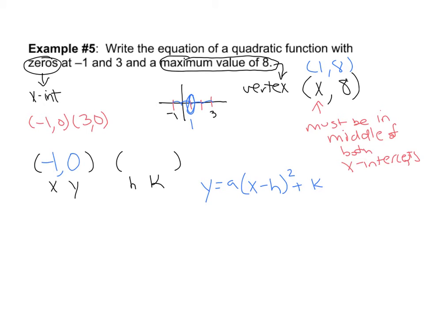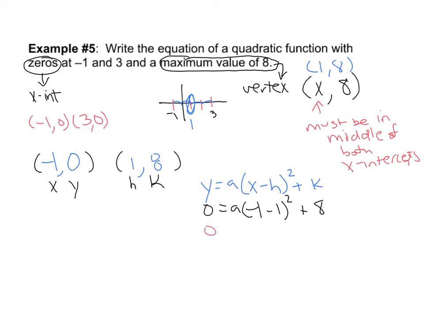HK, which we know is our vertex, is 1, 8. Now that we know that, we can figure out what our a value is to be able to write our final answer in vertex form. So y, 0, equals a, which is what we're solving for, times x, -1, minus h, which is 1, squared, plus k, which is 8.